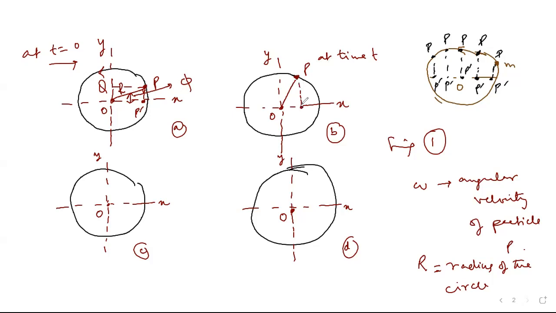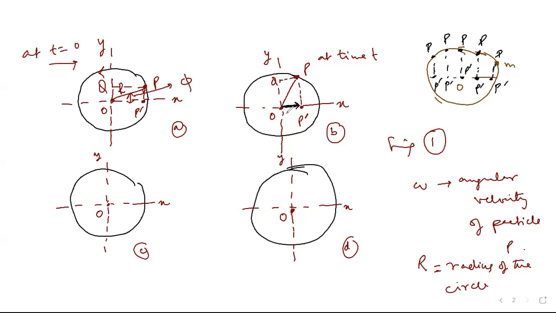This is the projection on the x-axis, P prime. And there is a projection on y, we name that Q. This OP prime gives actually the position of P prime.